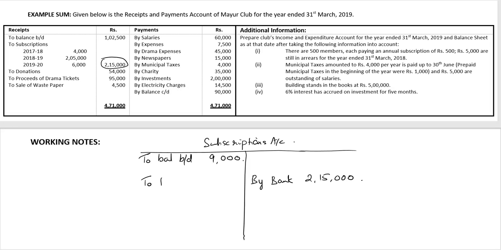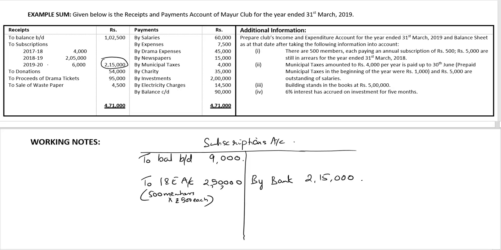The amount to be taken to the income and expenditure account is 500 members each paying an annual subscription of rupees 500. So it's 500 members multiplied by rupees 500 each. Comes up to 2,50,000 rupees.